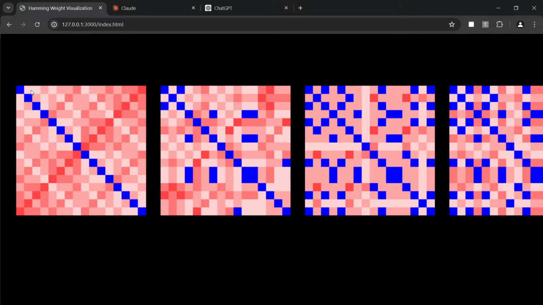So these light ones are distance 1. Right, there's 4 of those. That checks out. The next one would be distance 2, which would be 4 choose 2, which is 6. There are 6 of those. Yeah, so I think it works.